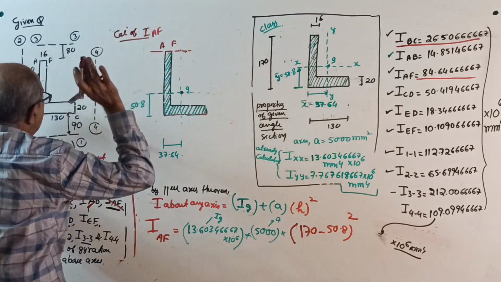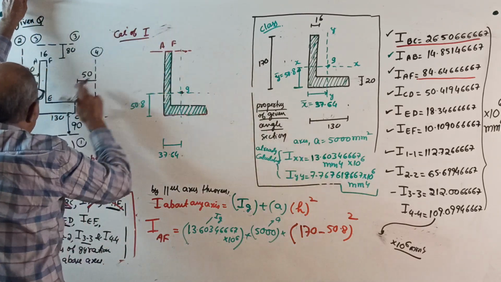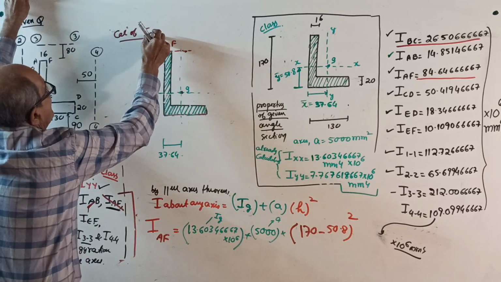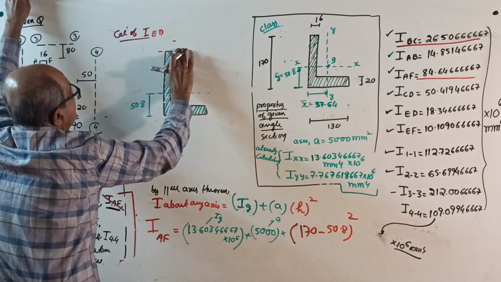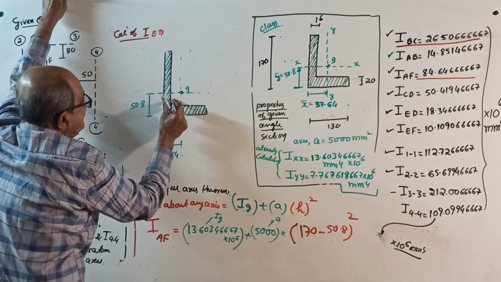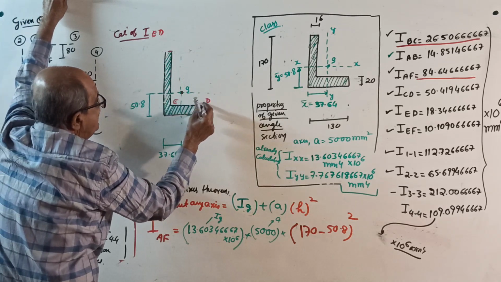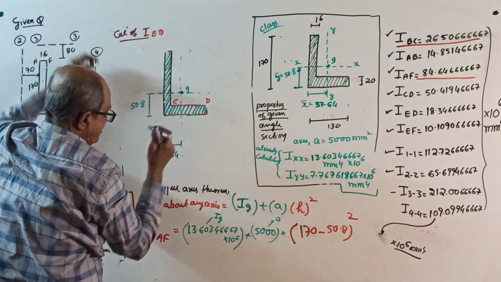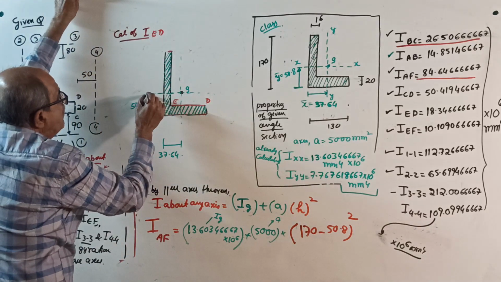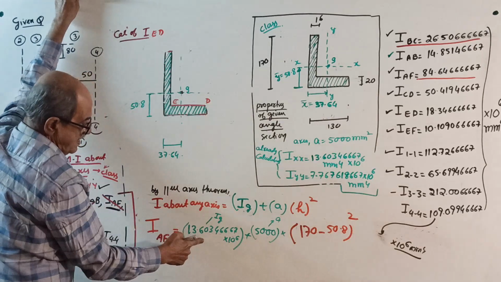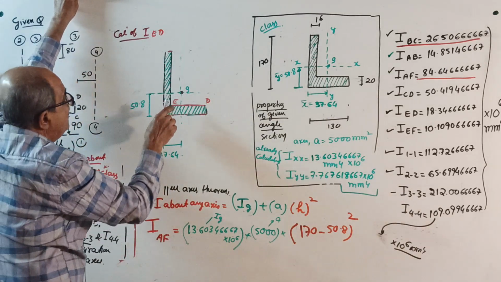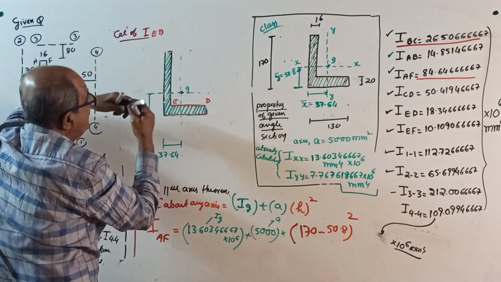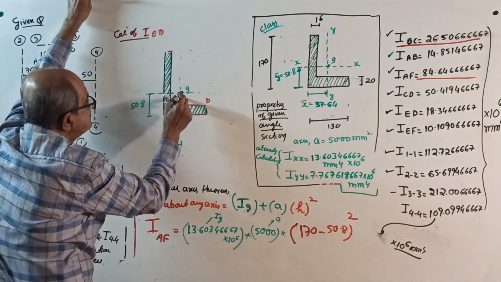Then find I about ED. Mark ED here, E here, D here, about this axis. Start. First, I about its own axis. I am doing first for all horizontal axes. Over this axis plus area into this distance square.